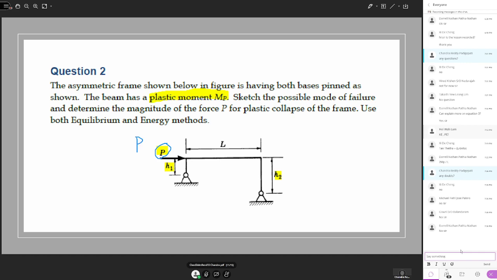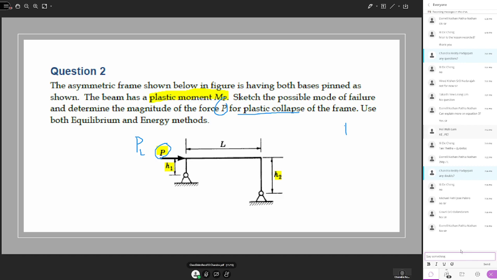When the load increases to plastic load, there's a plastic moment. You're asked to sketch the possible mode of failure and determine the magnitude of the force P for plastic collapse. So P means now when plastic movement, the load P is PL.